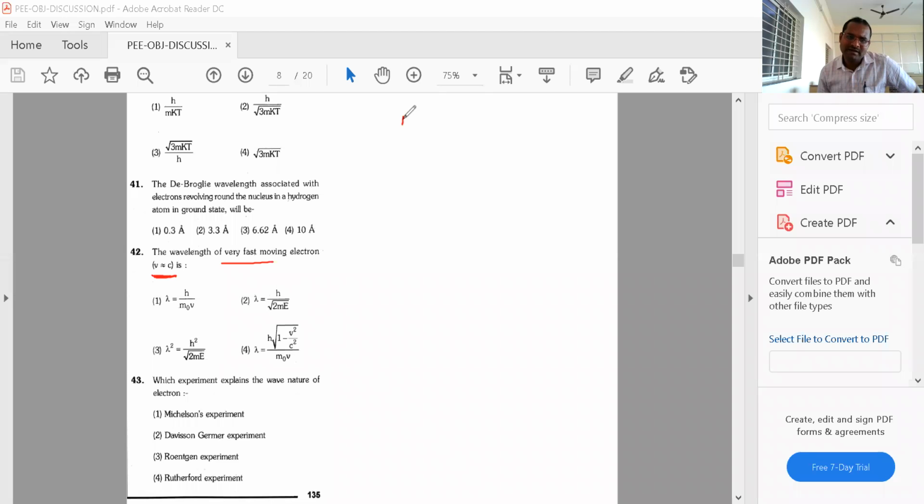We know wavelength lambda is h by momentum, that is mass into velocity. When a particle is moving with a very large velocity, the mass of that particle can be written as m naught upon root of 1 minus v square by c square.